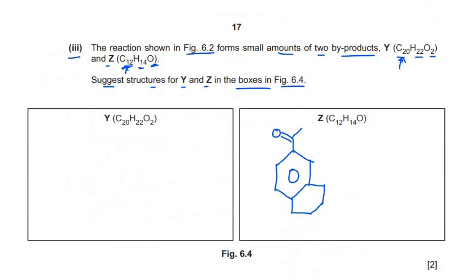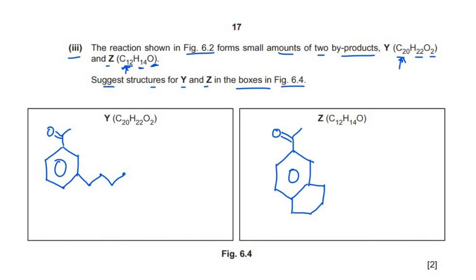So let's draw the same part. I'm drawing it first here, the same benzene ring. Then we have the 4 carbon chain here: 1, 2, 3, 4. Now on the 4th carbon, again the same benzene ring will get bonded.